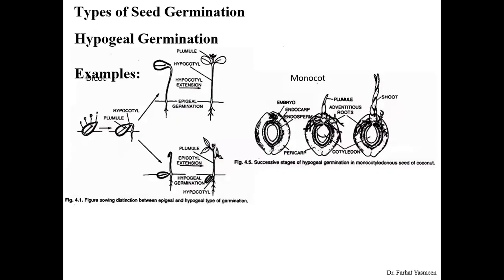This is an example, as indicated: this is the seed, and then the plumule is arising and the hypocotyl is arising. This is the example of dicots, while in case of monocots this is the example for the formation of the plumule. Then adventitious roots are forming, and as a result shoots are arising above the soil surface.